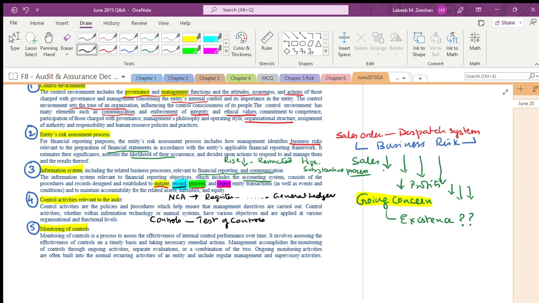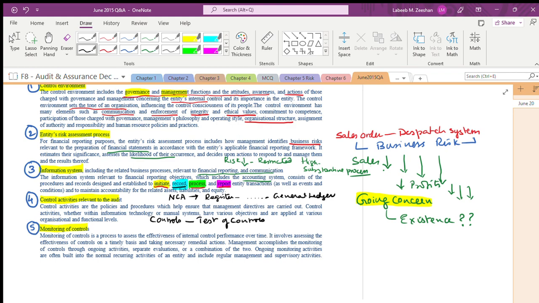Your five fingers will definitely help you in getting the marks. Whenever there are some specific points, just roll down your fingers and it will be easy to memorize. Control activities are policies and procedures to ensure that the management directives are carried out. Who is responsible for controls? Management is responsible for controls.